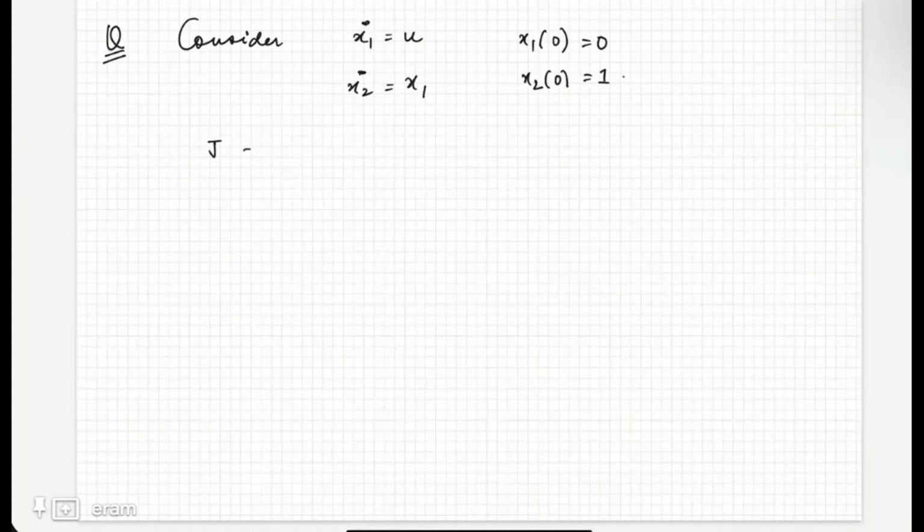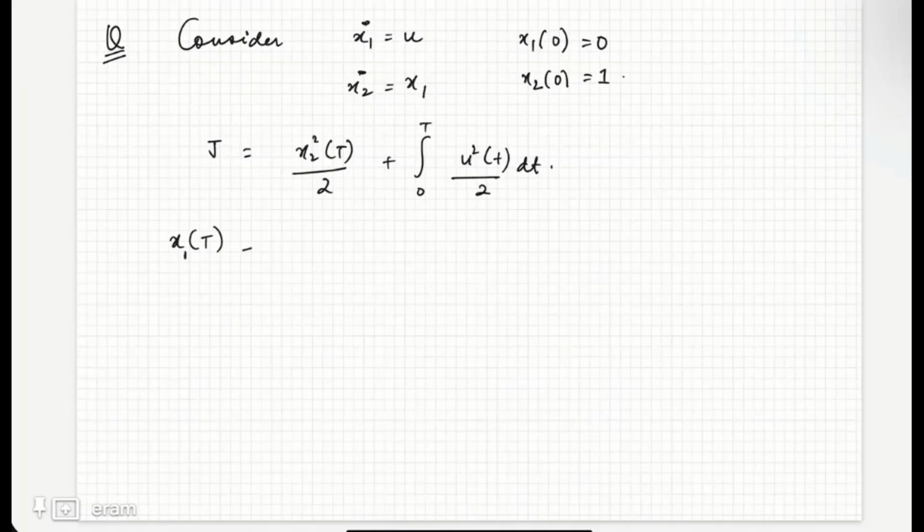The cost function to solve is x2 squared at T by 2, that is the terminal cost, plus the integral of u squared by 2 dt, and x1 at T and x2 at T are free, and we have to solve for T equals 2.